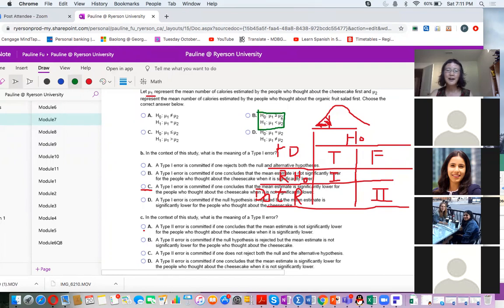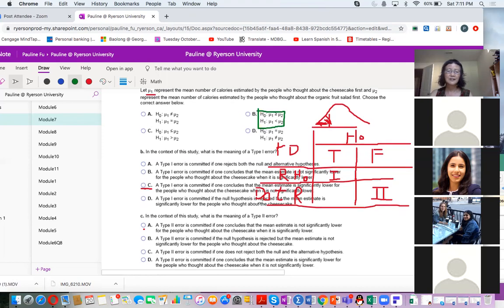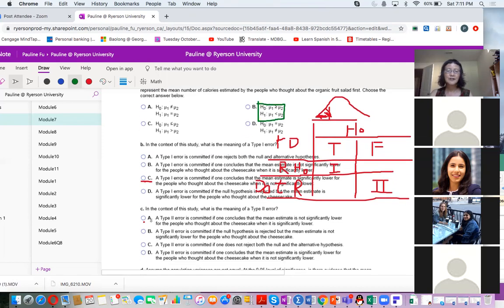That is what you are saying. You are saying H0 is correct, when in fact H1 is correct. In this situation, you make type 2 error. So if you read A, B, C, D thoroughly, question A is type 2 error.